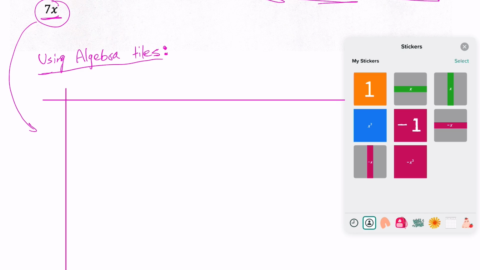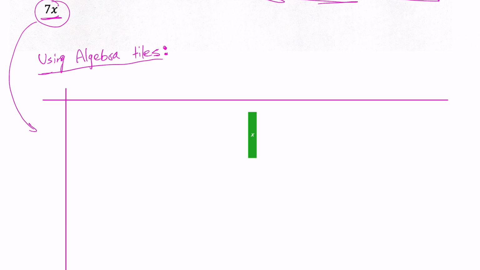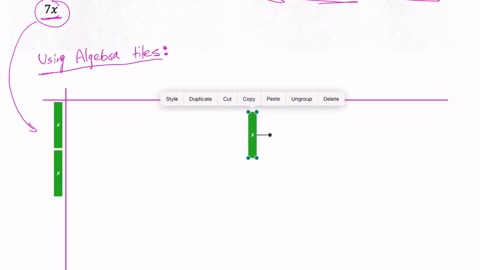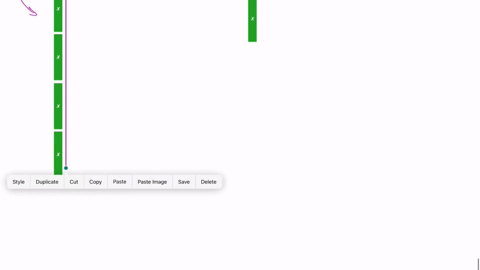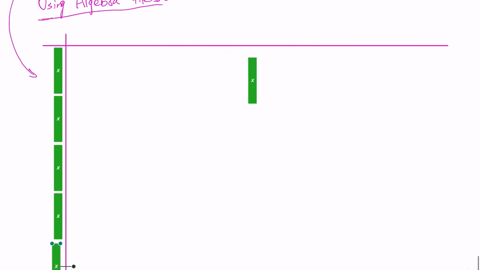So I have positive x, right? So 1, 2, 3, 4, 5, 6, 7.